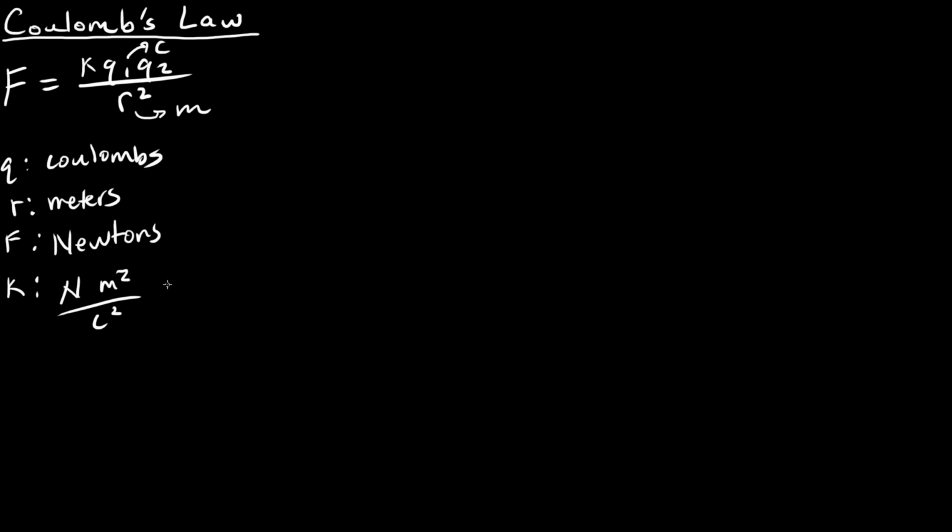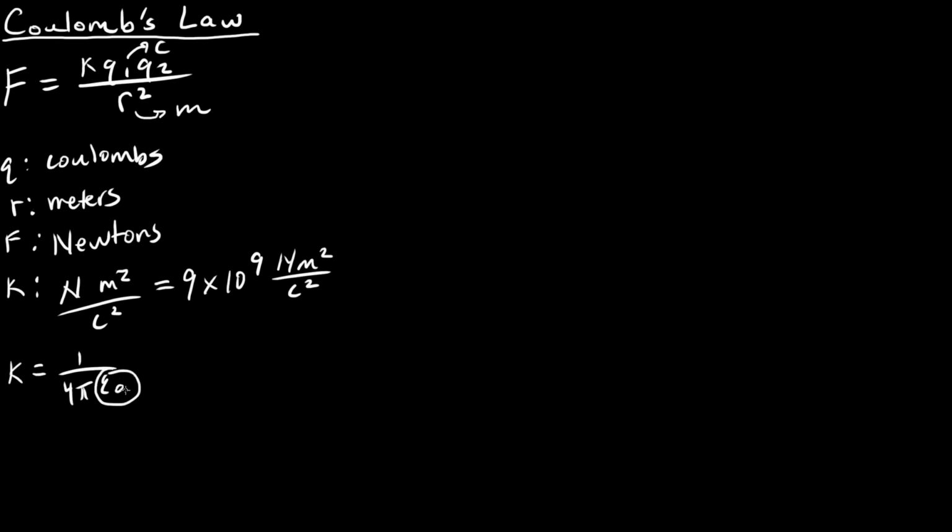Another way that Coulomb's constant is usually written is, sorry, let me give you the value before that. It's 9 times 10 to the 9 newton meters squared per coulomb squared. And another way that it's commonly written is 1 over 4 pi epsilon naught. And another constant shows up here.